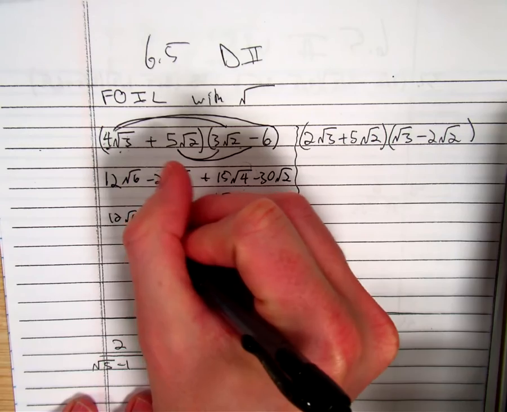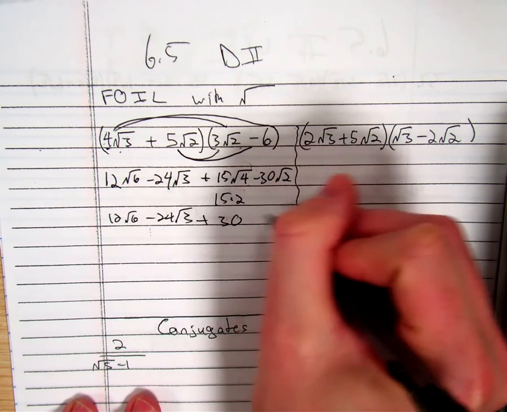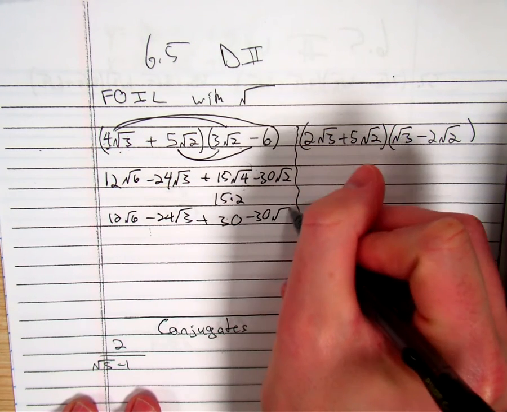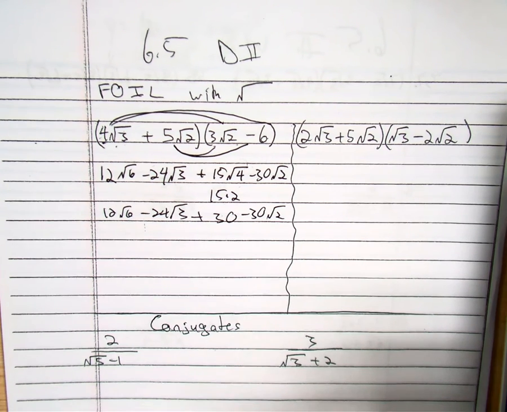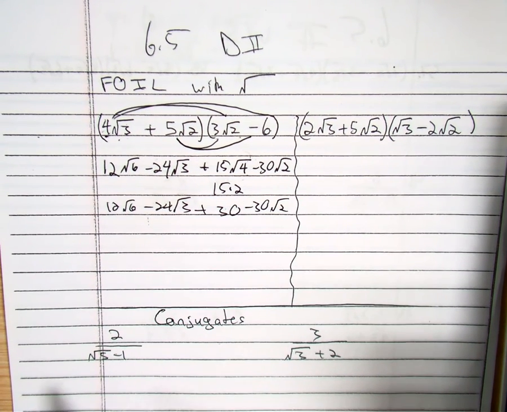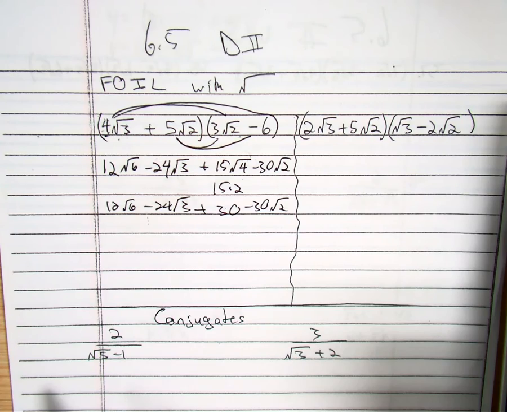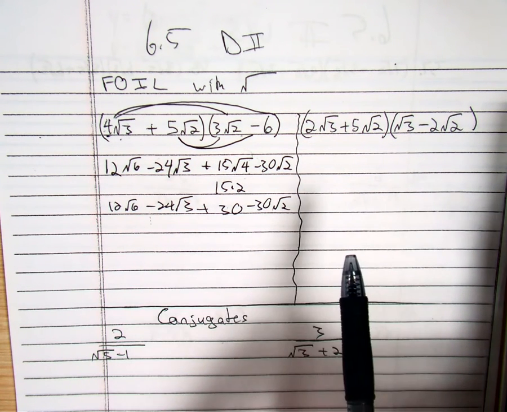12 radical 6 minus 24 radical 3 plus 30 minus 30 radical 2. None of these have the same radical, so we can't combine them. The only thing maybe we could do is it'd be nice if we had some order to it. Either work forwards or backwards from the size of the radical.